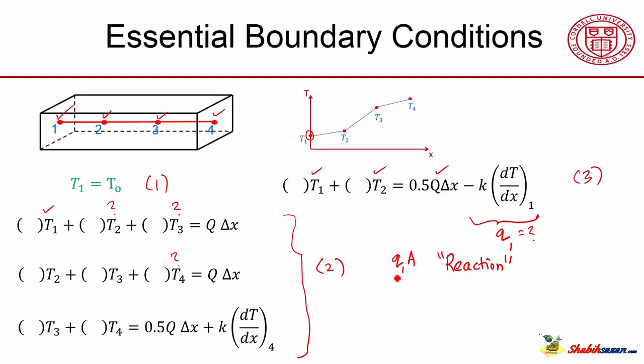It's called a reaction because that terminology comes from structural mechanics, where this entity would be the force at the essential boundary. So if you're fixing the displacement, or you're fixing the left boundary, then this reaction would give you the force that's required to hold that boundary there, or that's a reaction.